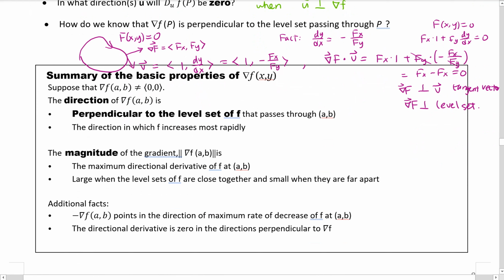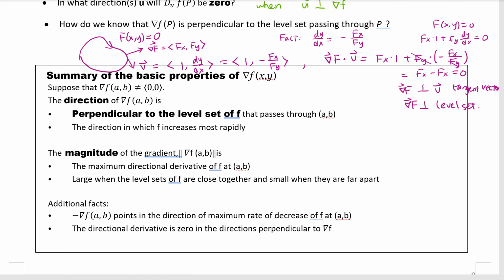Suppose that the gradient vector is not the zero vector. If it's 0, then you cannot talk about its direction. Now assume it's not 0. Then the direction of the gradient vector is perpendicular to the level set of f that passes through the point (a, b). It is the direction in which f increases most rapidly.